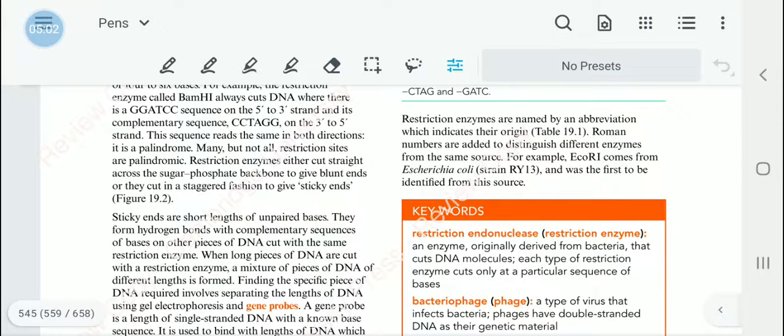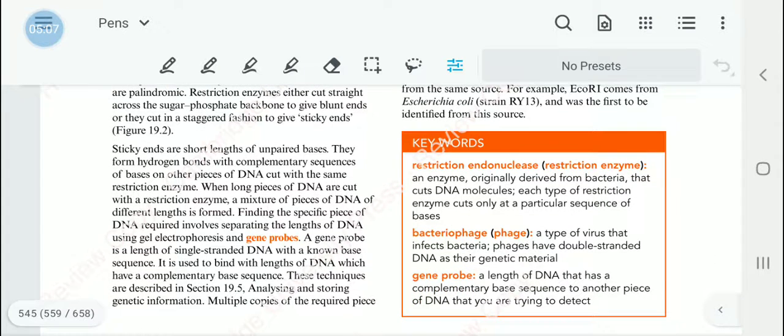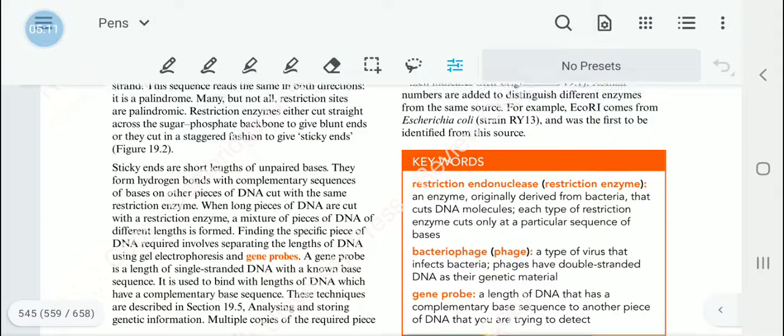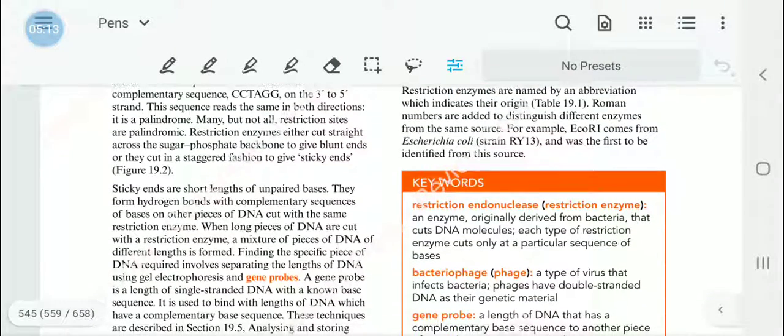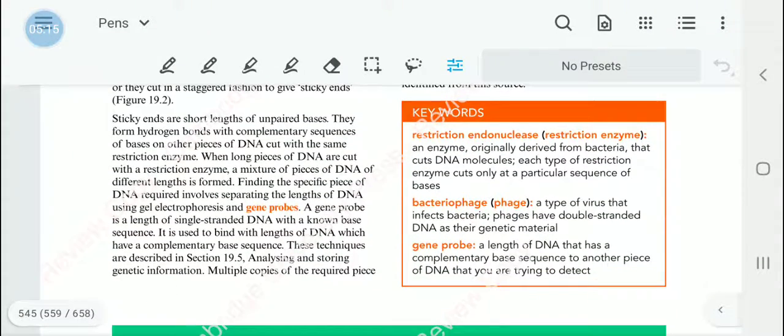Then there would be EcoRII. Like that we can identify different enzymes from these sources.